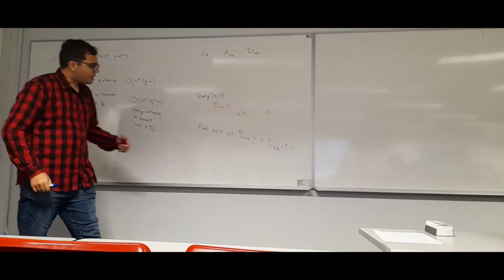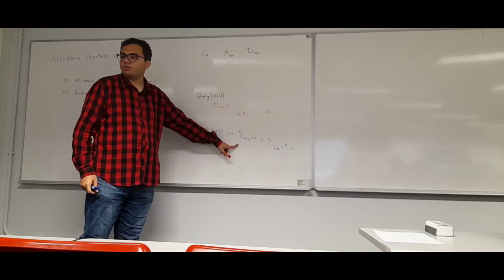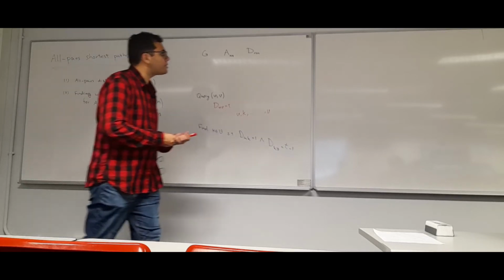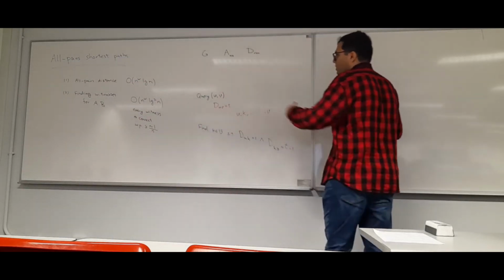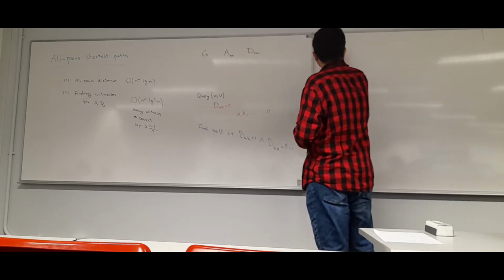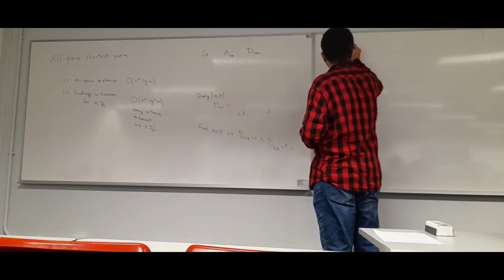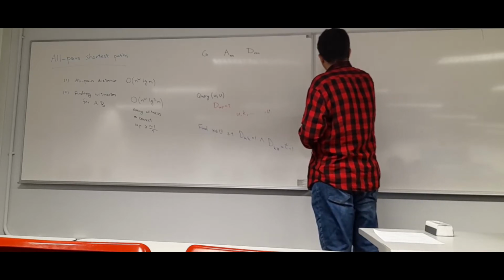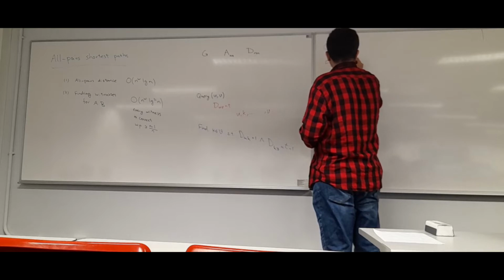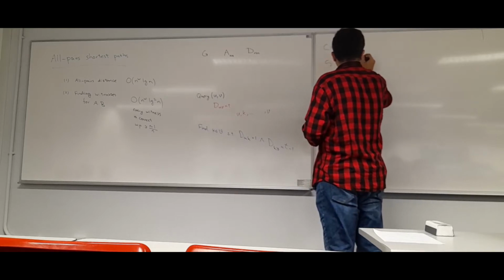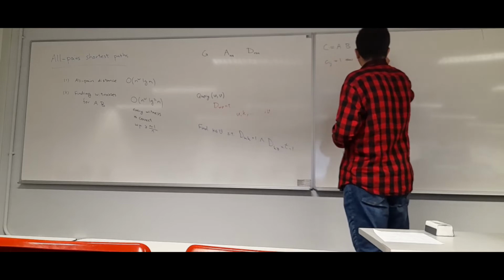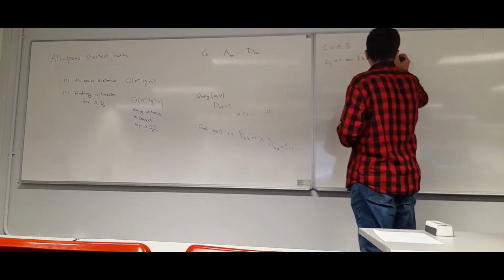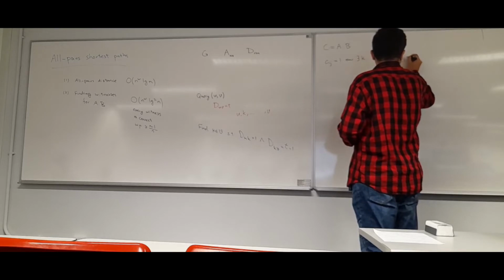But I have to somehow turn this into matrix multiplication, Boolean matrix multiplication, right? Let me rewrite what I wrote for Boolean matrix multiplication. So we had that if C is A times B, and A and B are Boolean matrices, then Cij is 1 if and only if there is some K such that Aik is 1 and Bkj is 1.